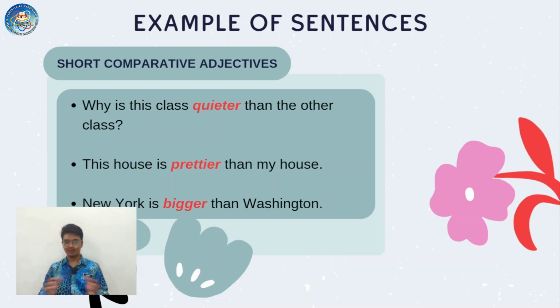Next, this house is prettier than my house. We use the word prettier here as comparative adjective to compare between this house and my house. Tell which one is prettier.